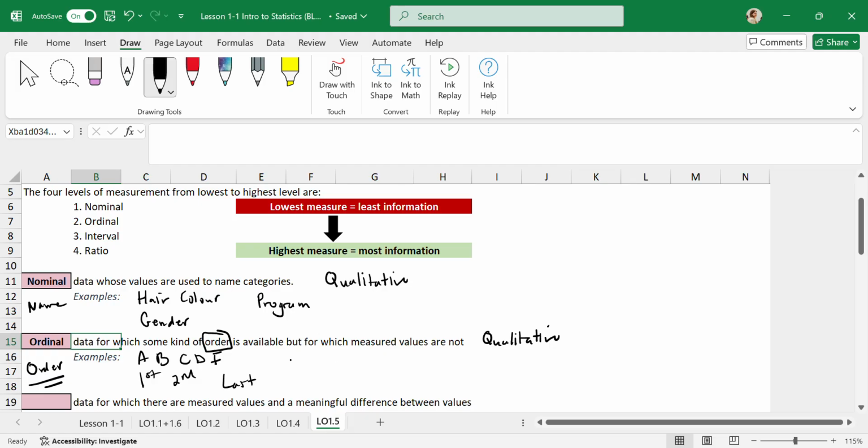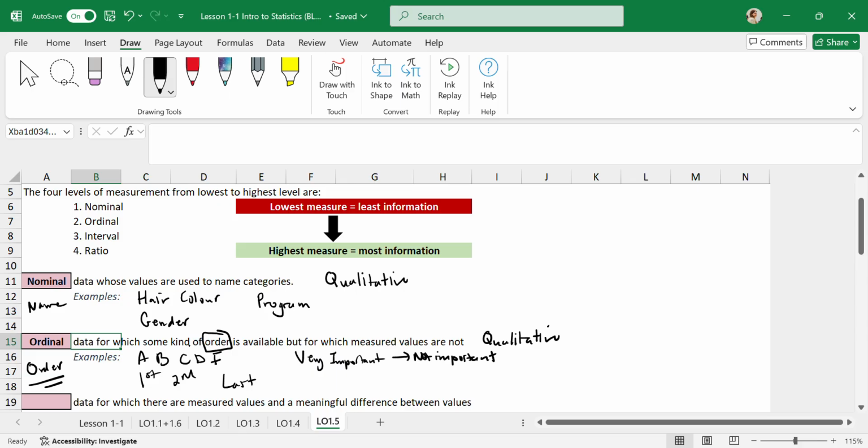Or even things like if someone asks you, how important is this course to you? Like very important all the way to like not important. Those are categories, but you know that there's an order in them. Even something like breakfast, lunch, and dinner. Those are categories, but there is an order in the day that they take place.